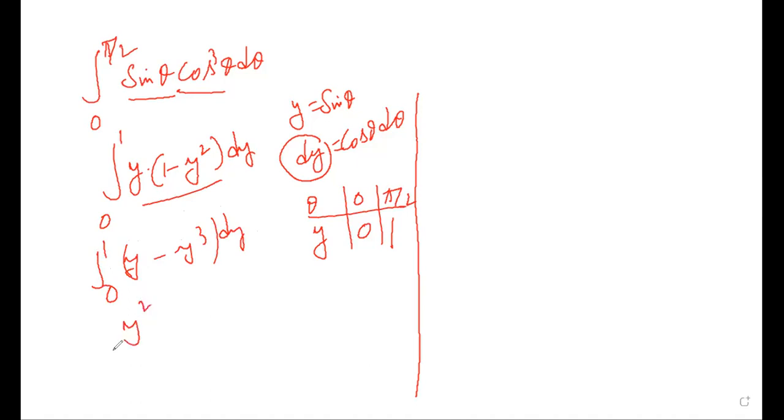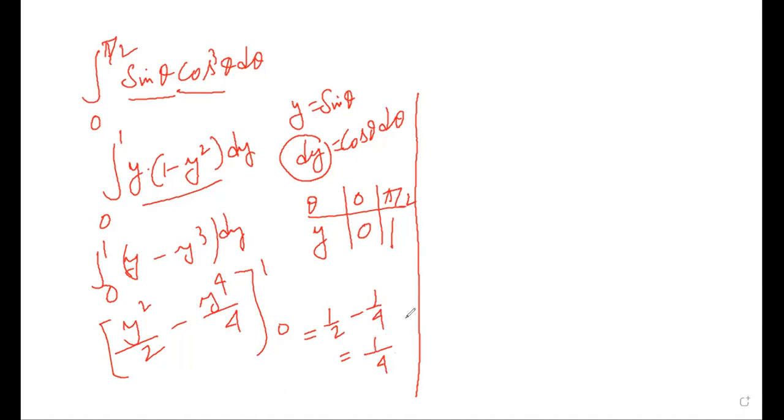So we have y square by 2 minus y to the power 4 by 4, with limits 0 to 1. So we have 1 by 2 minus 1 by 4, LCM is 4, 2 minus 1 is 1. So 1 by 4 is the final answer.